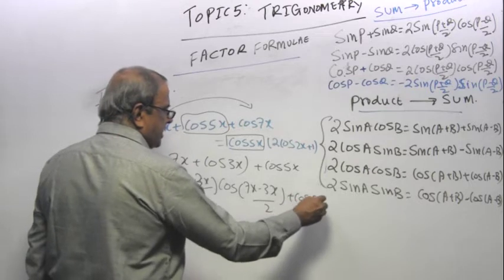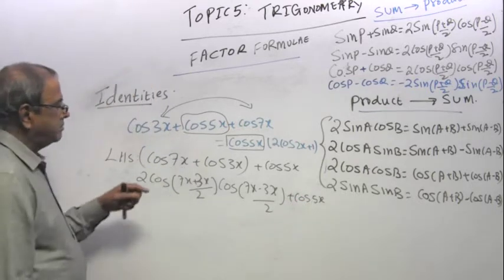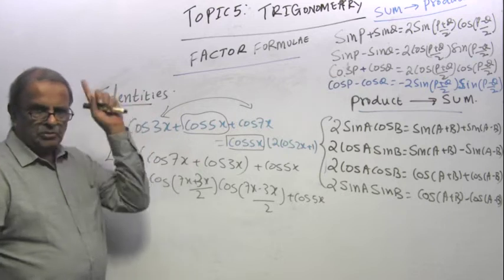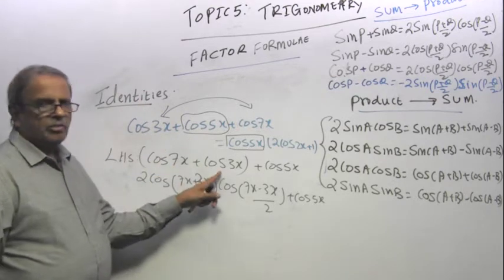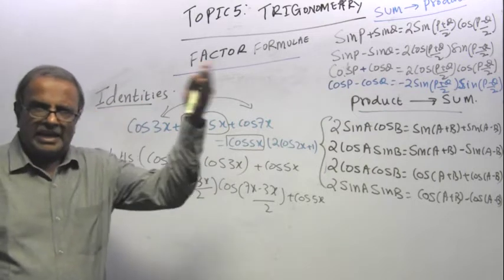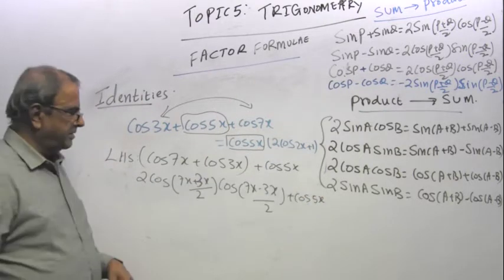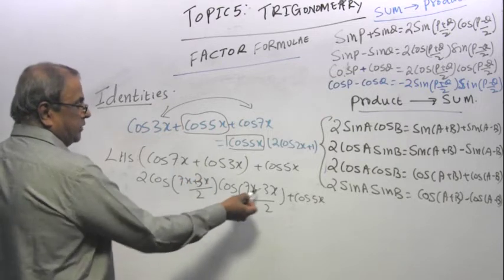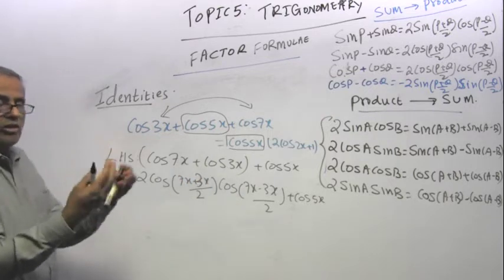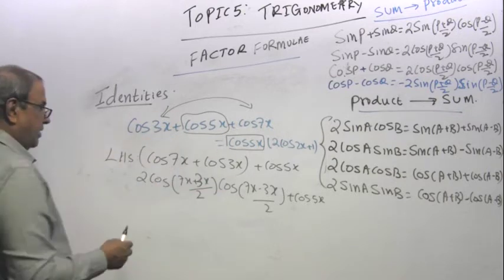Now, I did something, did you notice? Especially if it's a plus, it's easier to write the bigger and then the smaller so that you avoid an unnecessary negative sign. Otherwise, you can write 3x plus 7x, but this will become 3x minus 7x, then you have to use cos of minus theta equals cos theta.